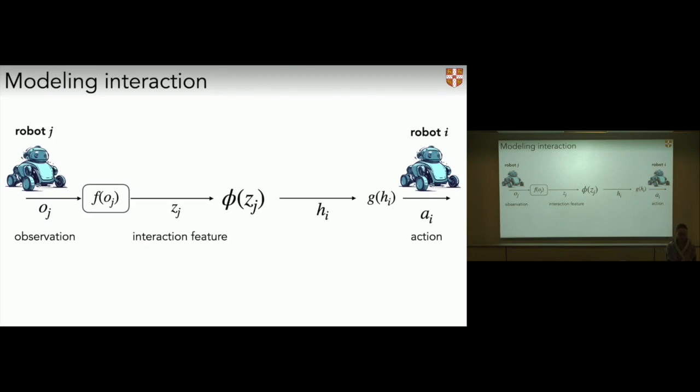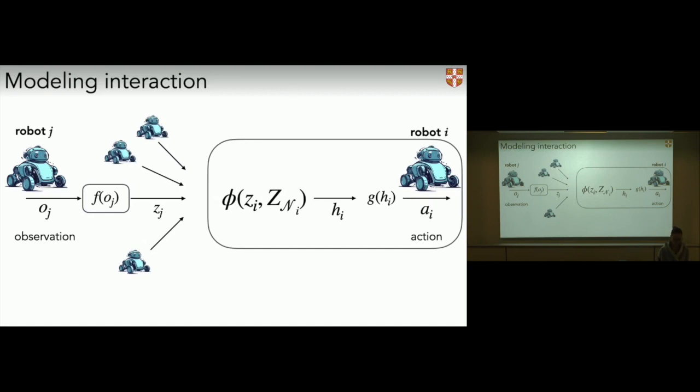So here we have a robot J that makes an observation, and we want to understand how that observation of robot J impacts the action of a robot I. And we're interested in representing how what we call this interaction feature Z sub J is processed by agent J and how it influences the action of robot I once it's received by robot I, and what kind of decision that leads to in the system. So this is kind of the basic, high-level view of how we model the interaction scheme.